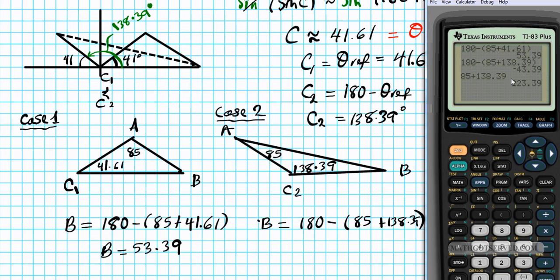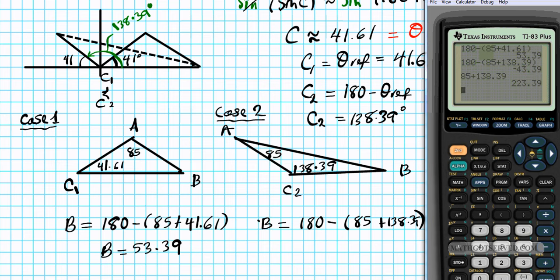I have already exceeded the limit with only two angles. Remember, the sum of all three has to be 180. Two alone give me more than 180, so that shows that this is not a triangular solution. That's why I'm having a negative angular value here. Remember, you cannot have a negative angular value. It makes no sense.